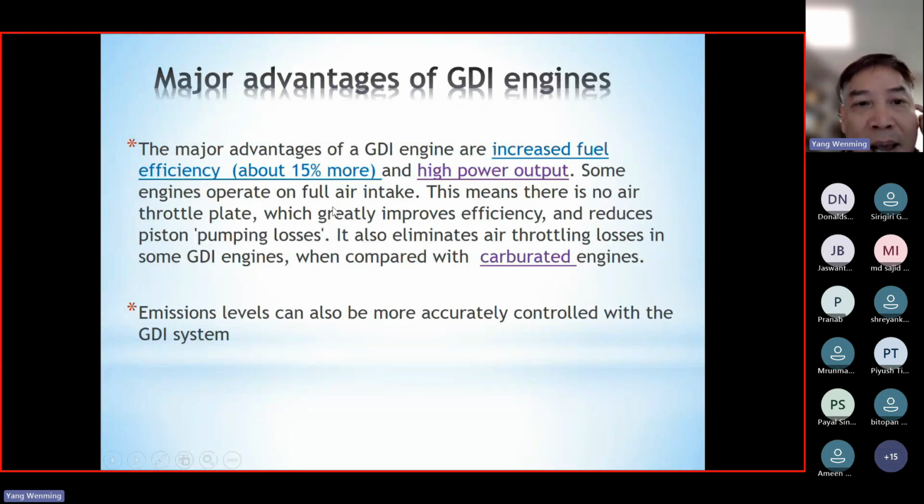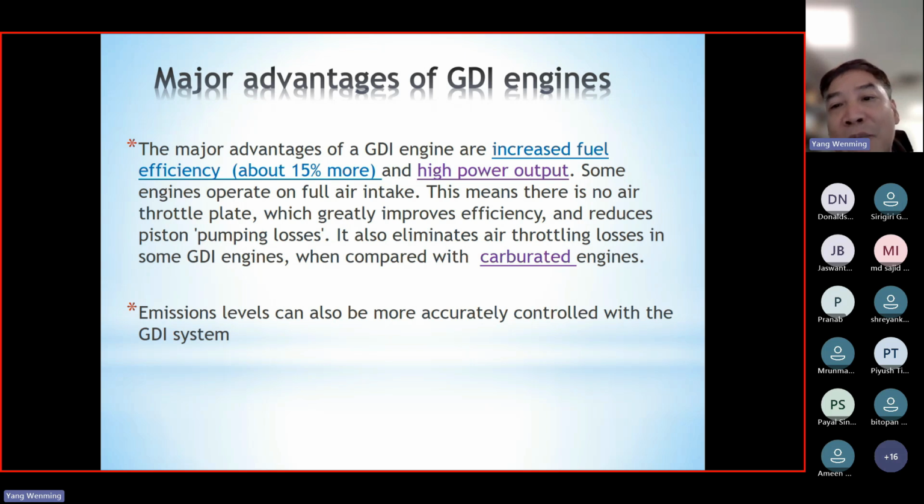And some engines operate with full air intake, which means that the throttle valve is fully open, and the engine load is controlled by the fuel injection amount. By this design, the airflow resistance will be minimized, thereby we can maximize the volumetric air supply, correct?